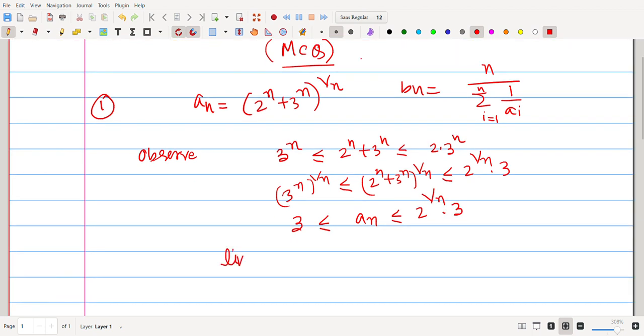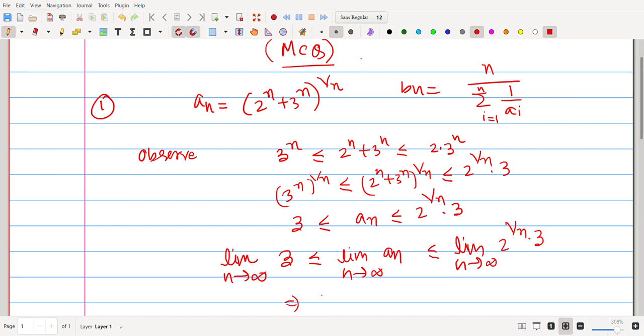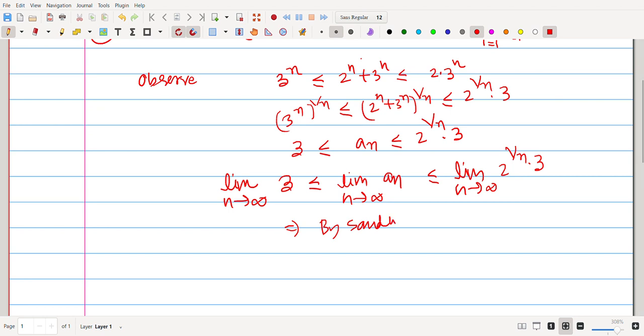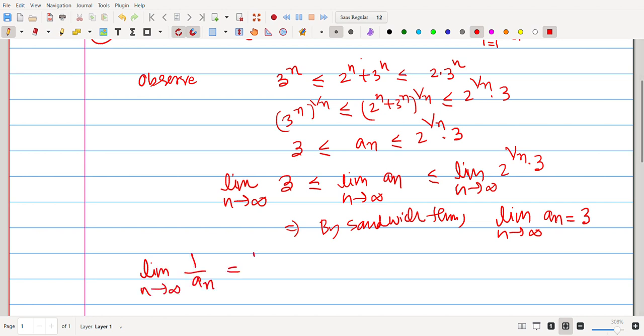So take the limit on both sides. So you will get by the sandwich theorem that the limit of a_n is 3. Right?